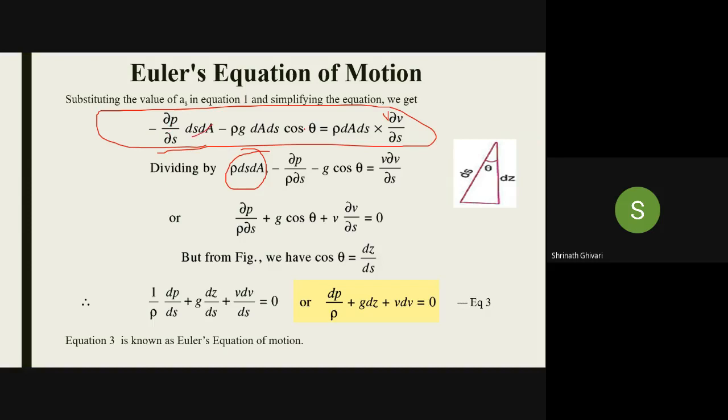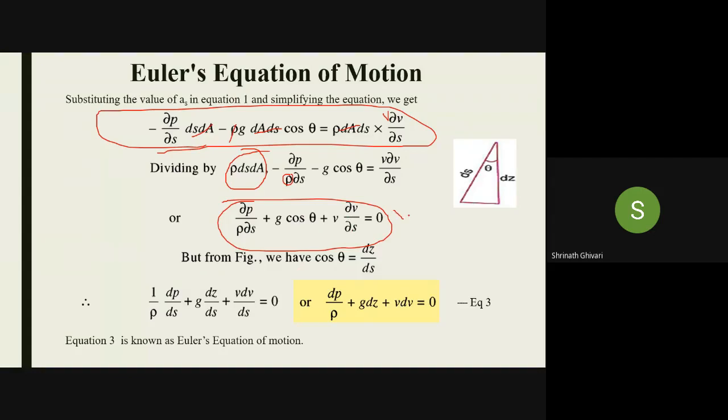This will go, and this will go. The remaining will be (1/rho) ∂p/∂s minus g cos theta equals v ∂v/∂s. Then you arrange the equation, and at the end you will get like this.